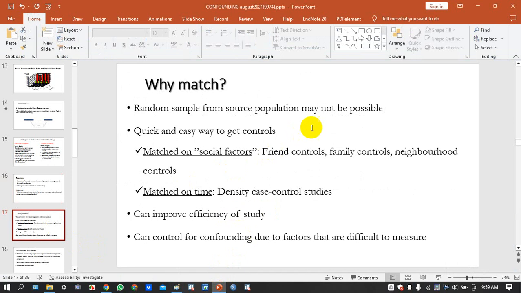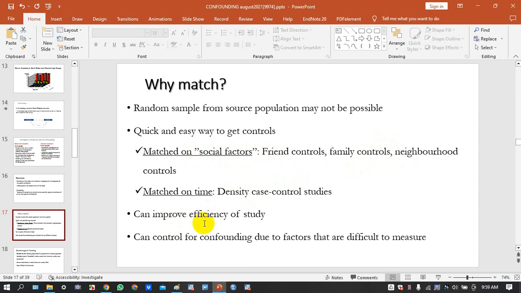A random sample from the source population may not be possible, so that is why we match. We match for a quick and easy way to get controls. We can match on social factors, like picking the friends of the participants, family members of the participants, or neighborhood controls. We can also match on time.